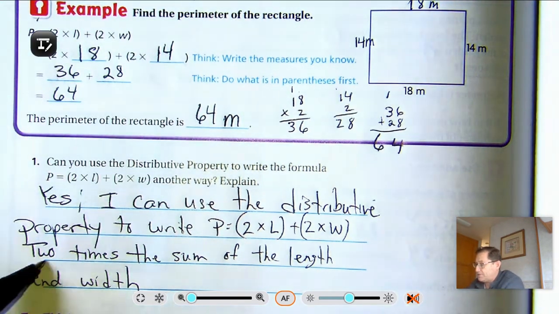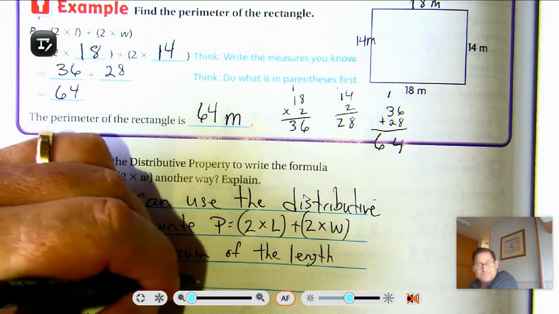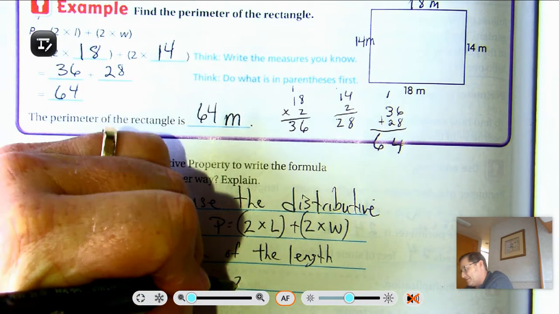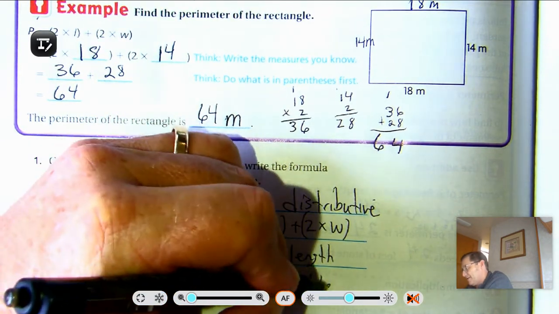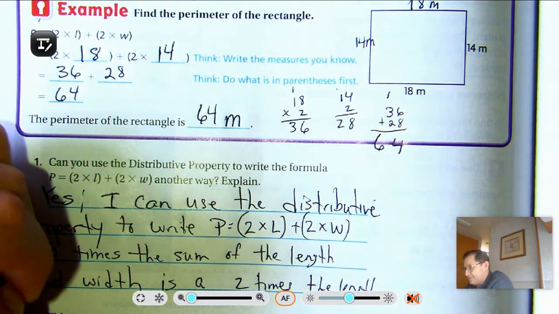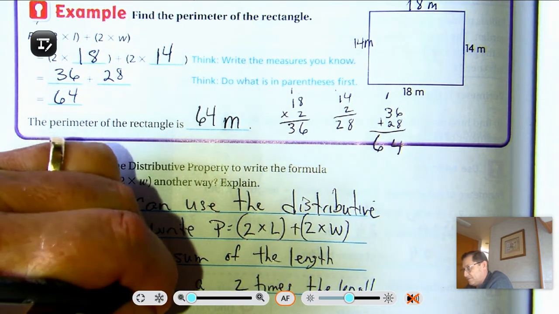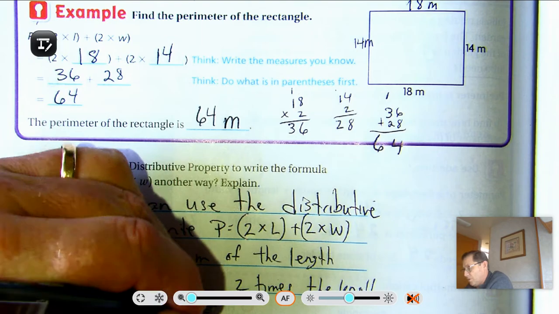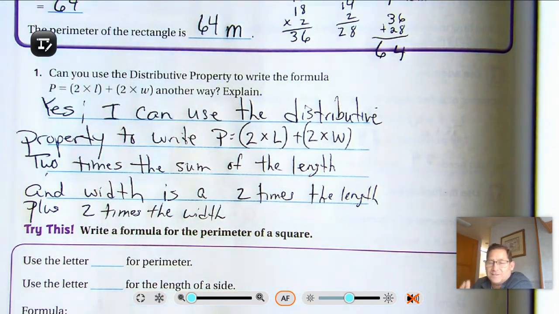All right, so 2 times the sum of the length and width is the same as 2 times the length plus 2 times the width. Okay, so what does that all mean, right?